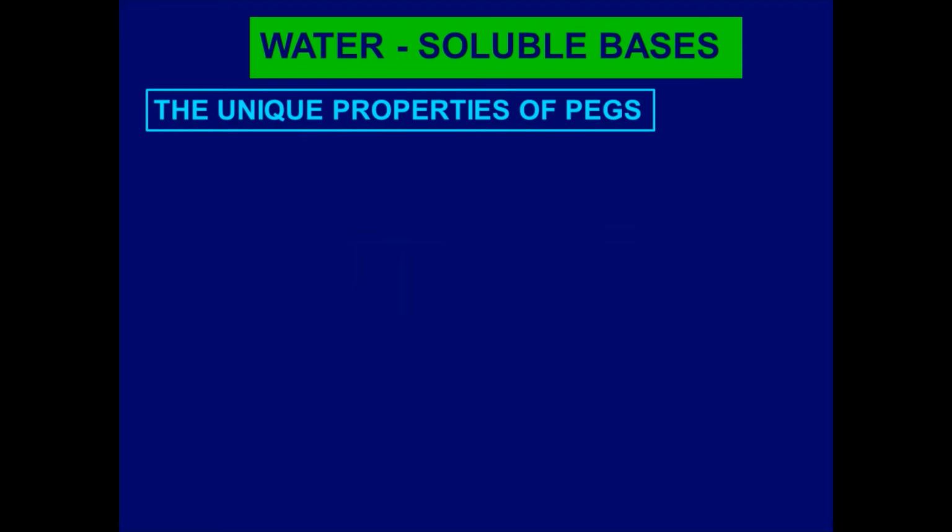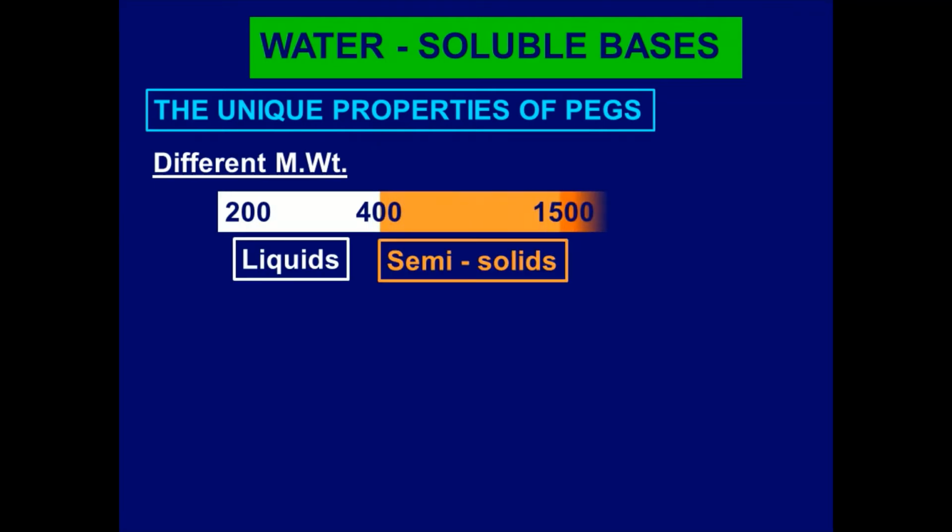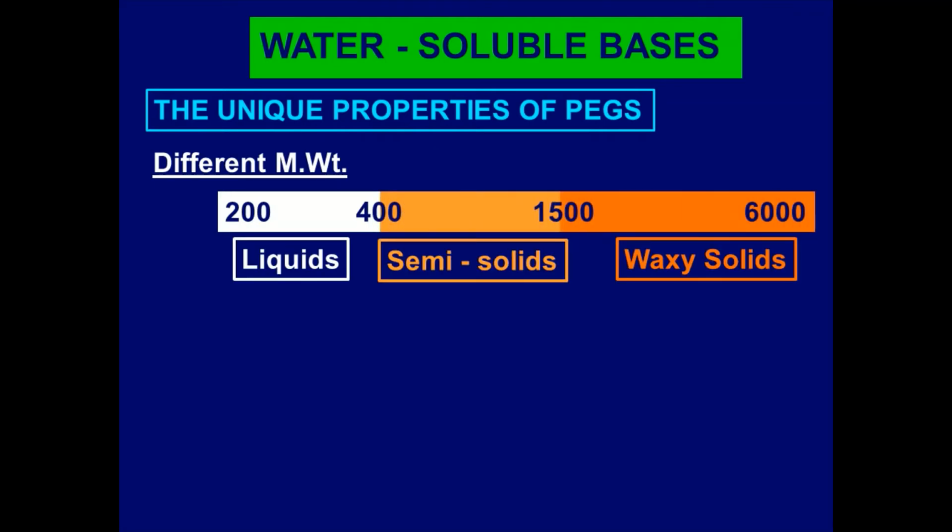Polyethylene glycols have unique properties. They have different molecular weights, as we said before. Polyethylene glycols of molecular weight from 200 to 400 are liquids, from 400 to 1500 are semisolids, and those from 1500 to 6000 are waxy solids.